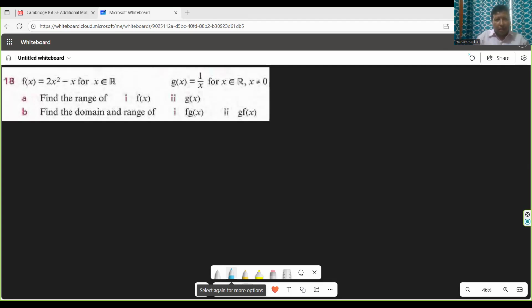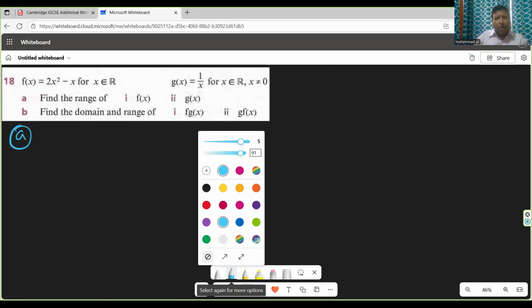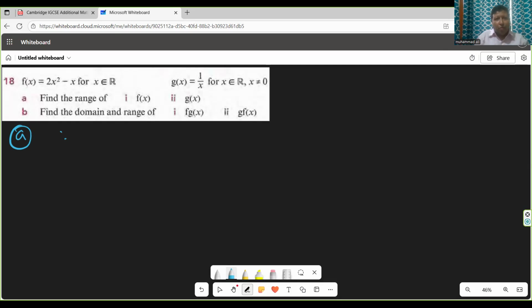So at first, part (a): if we want to find the range of f(x), it will be better to use completing the square. So 2x² − x. Take common 2, it will be x² − (1/2)x. Now this is ready for completing the square.